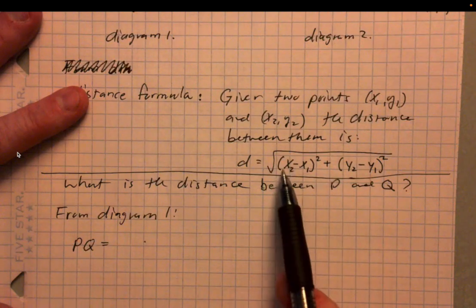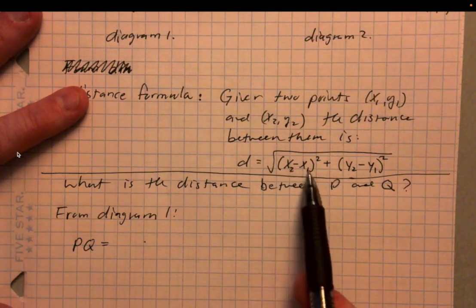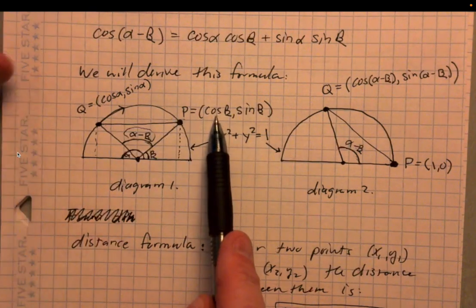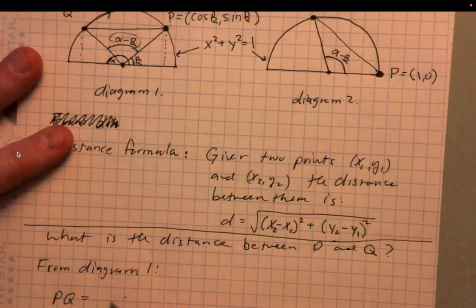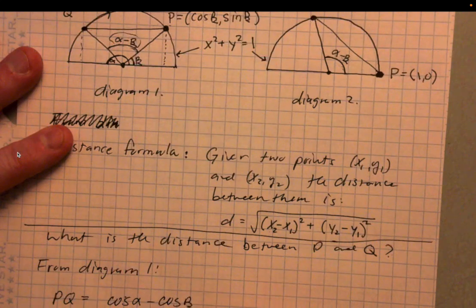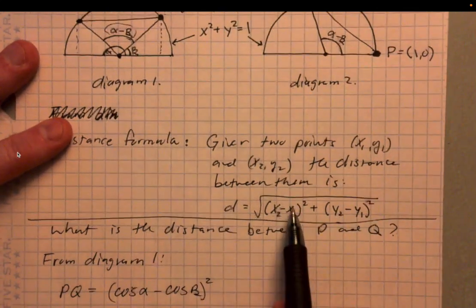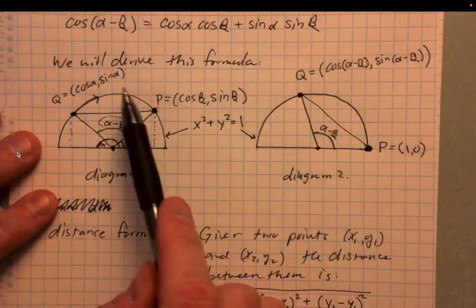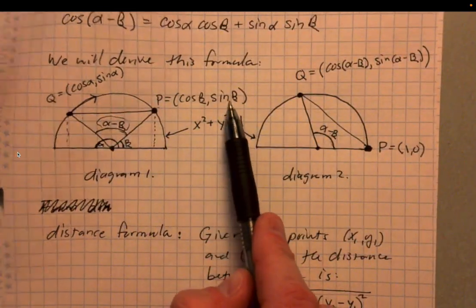So basically you take the x coordinates and subtract them, right? So cos alpha minus cos beta, and then you square them. So cos alpha minus cos beta, and square it. That's this piece. And you also do the same thing for the y components, right? So sine alpha minus sine beta.